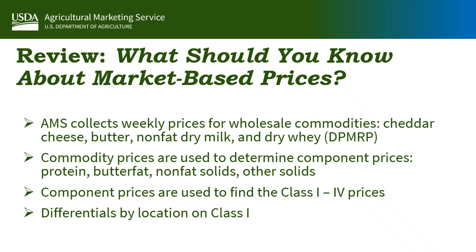Component prices are then used in their respective price formula to find the minimum prices of Class 1 through 4 milk each month that regulated handlers and processors must pay for the milk they purchase from dairy farmers. And while Class 1 prices vary by the plant's location, Class 2, 3, and 4 are the same prices nationwide.